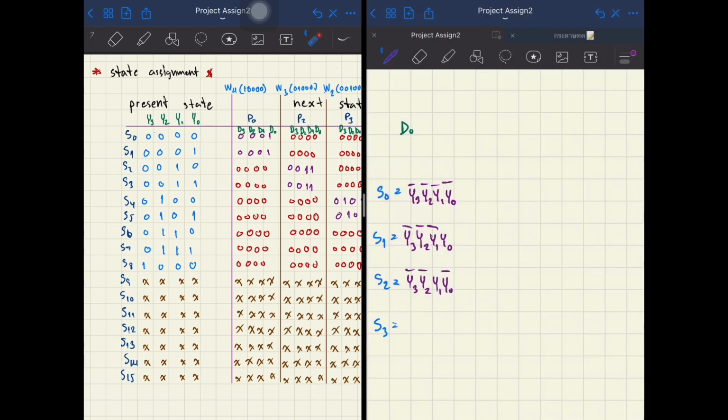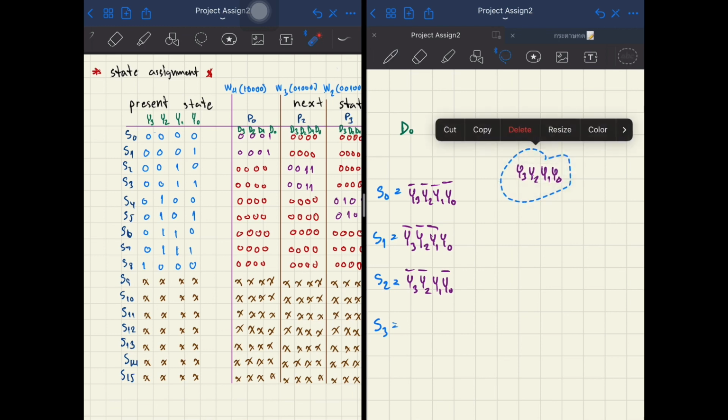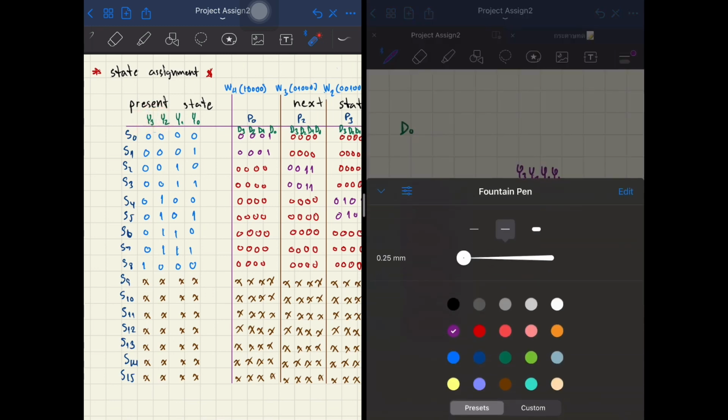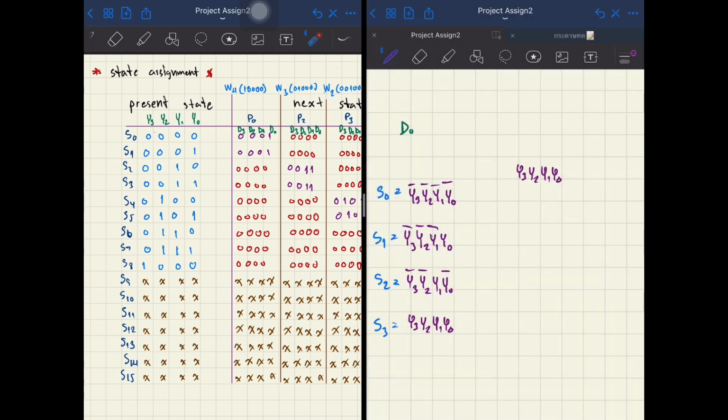I must write y3 y2 y1 and y0, copy for speed, paste here, and state 3, right? We must put a complement at y3 and y2 because we need 1 but it is 0, so we give the complement to these bits, y3 and y2.